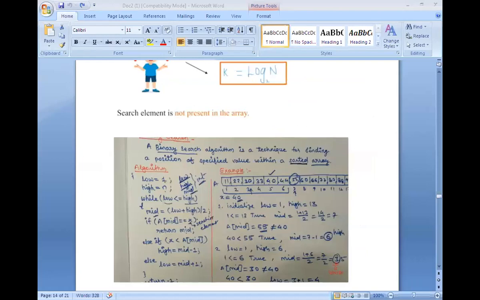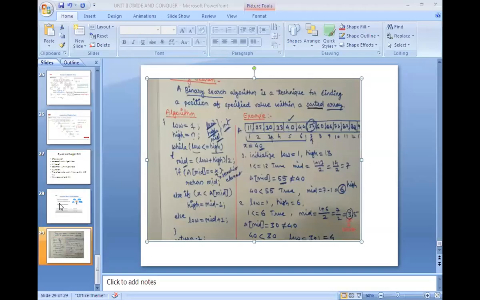This is about the binary search algorithm. Okay, see students, this is the binary search algorithm.